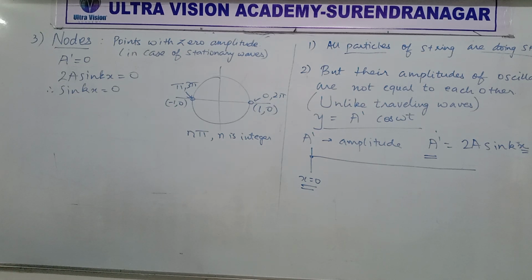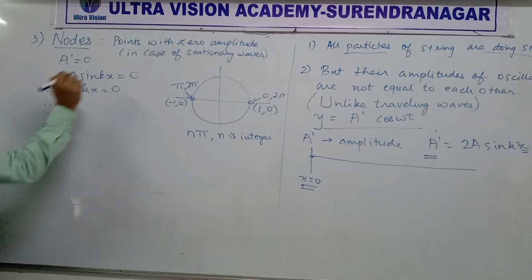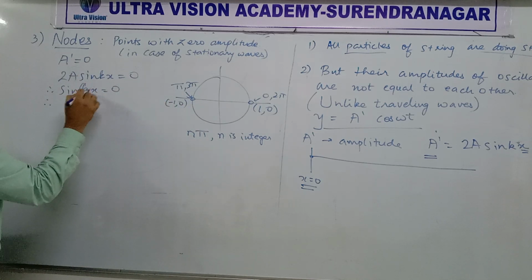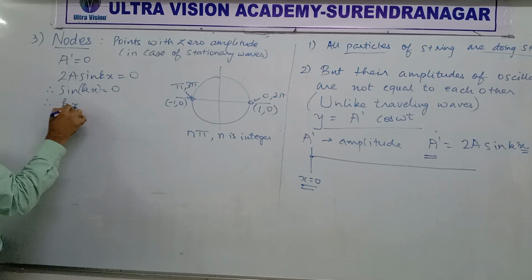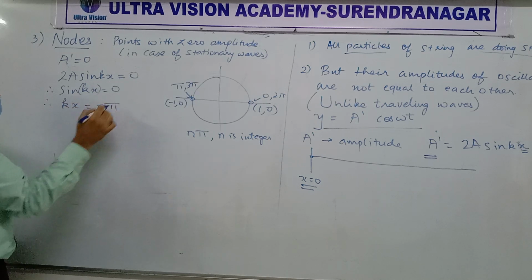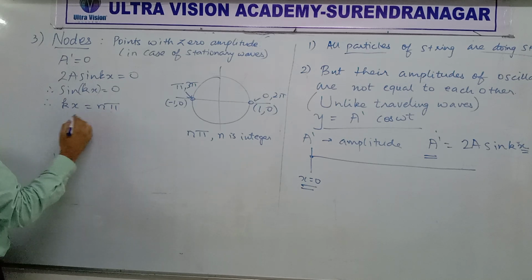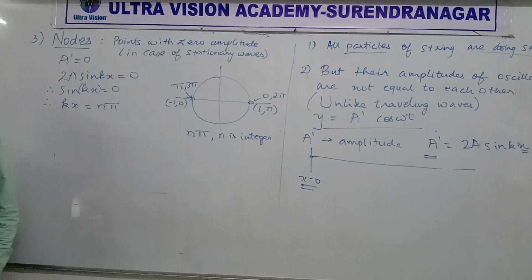What are 0, 1, 2, 3, 4, 5, 6, 7, minus 1, minus 2, all these? Integers, right? So therefore, I can write that this will happen if the angle is equal to n pi where n is an integer. Okay or not okay?